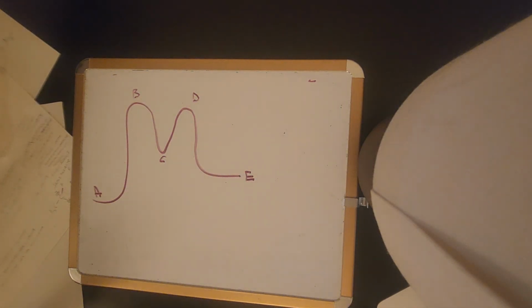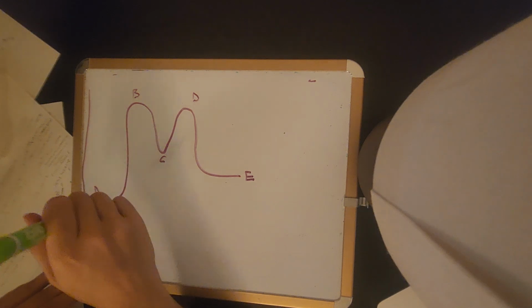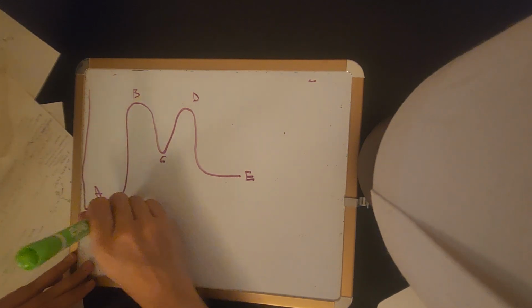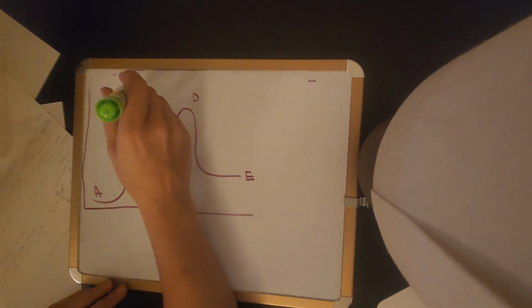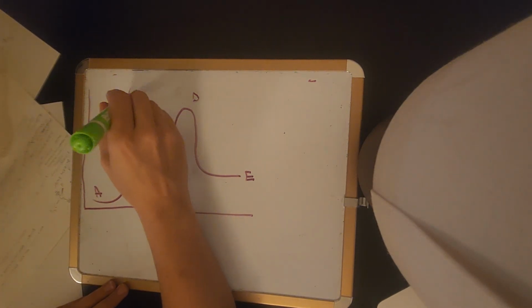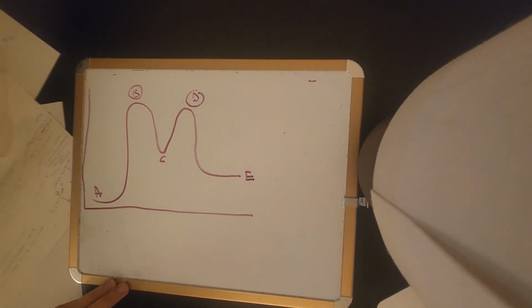Okay, now we're going to look at reaction coordinate diagrams. This is going to be free energy. This is going to be the reaction process. Transition states are B and D. The next question is, which step is the rate determining step?